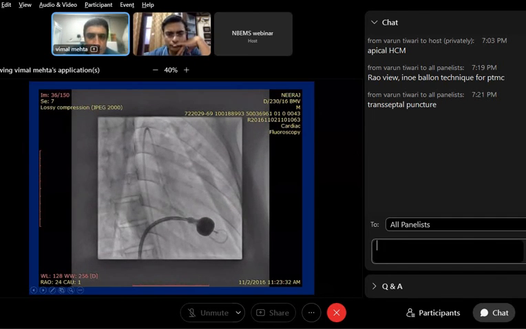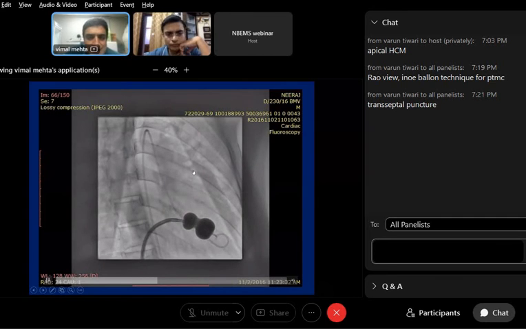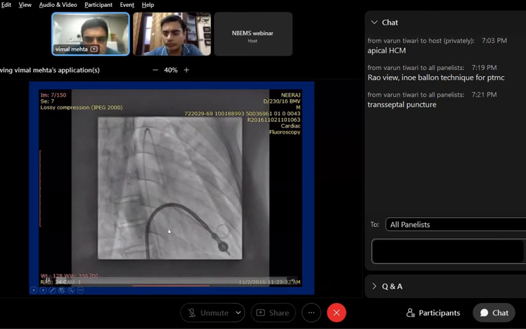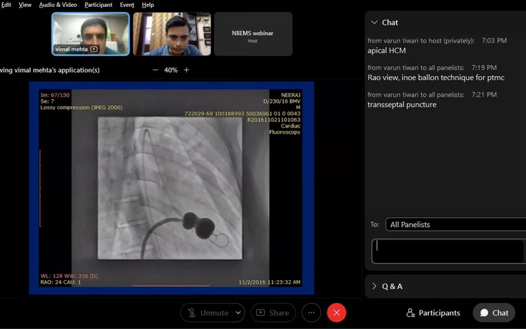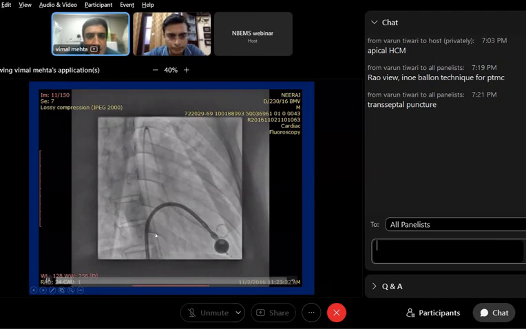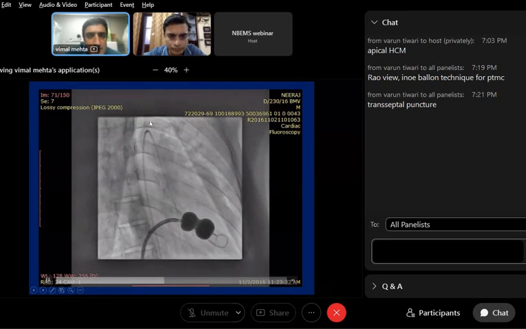Very good, very good. So as Sir said, you have to describe each and every finding. You just do not say that I see a balloon which is being dilated. So you have to describe the whole thing. Many a time the examiner will be interested and will be impressed, but most people will not comment.